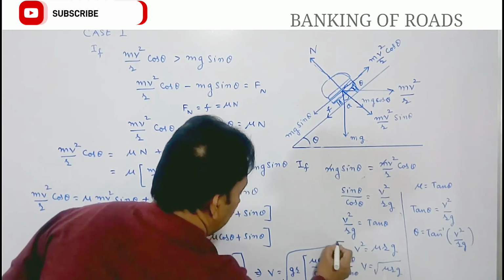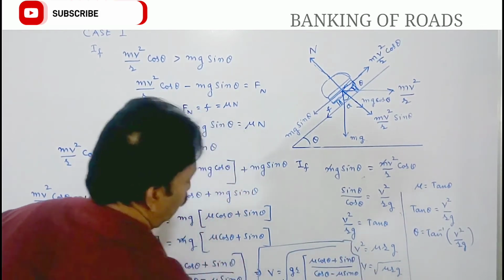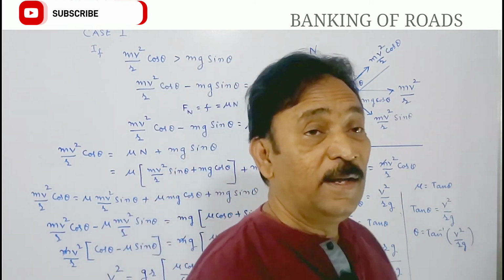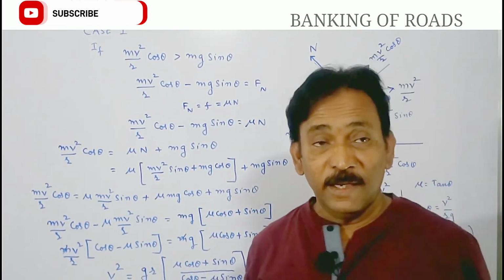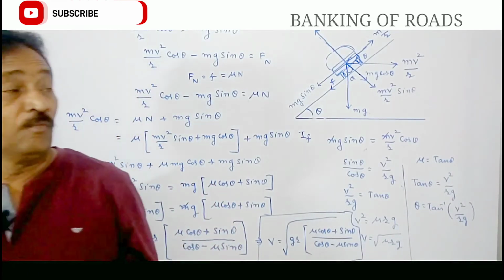It is the desired relation. It is the minimum velocity required by the vehicle to avoid the turning down. Okay, students, let's hope you understood.